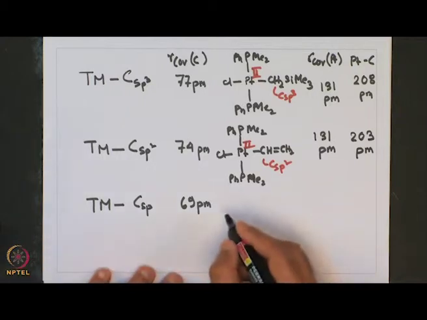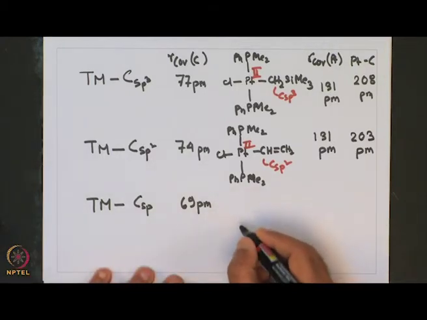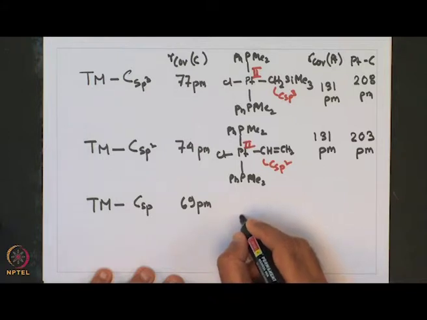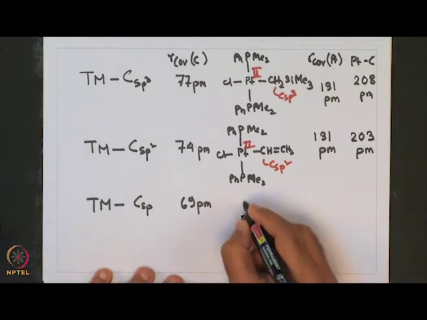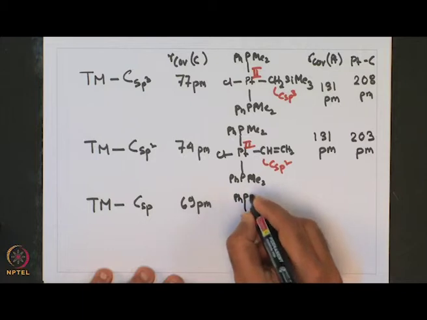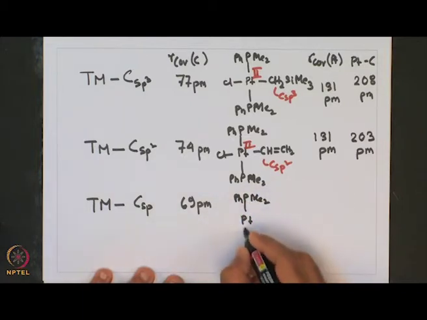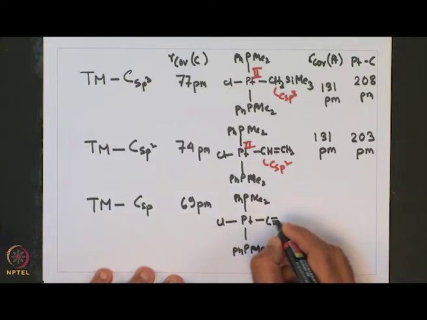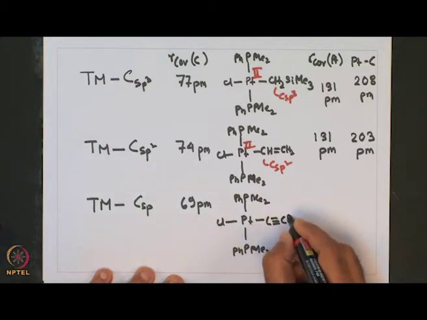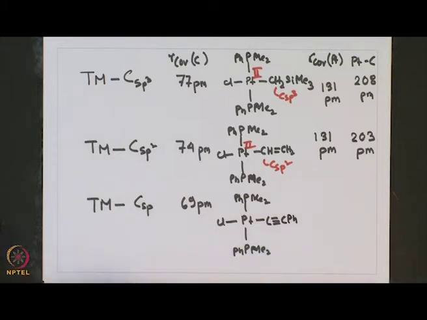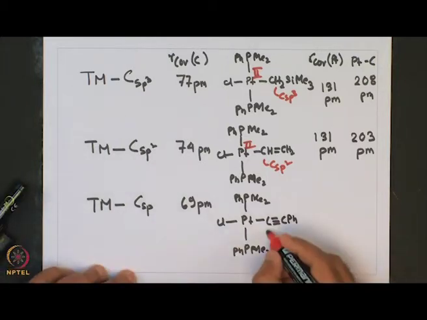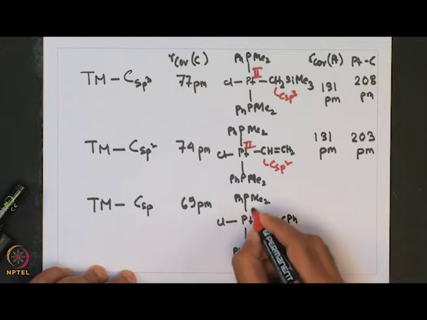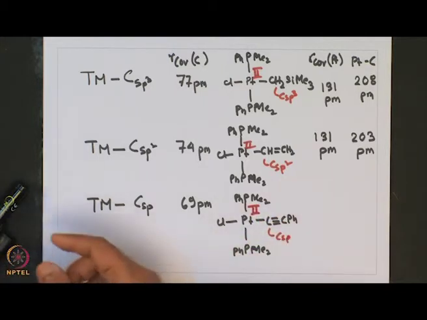Now, when one goes to the third, sp type of example, where platinum is bound to PPhMe2, PPhMe2, chlorine, and now there is an sp center bound to platinum. So, hybridization over here is Csp, platinum in +2.